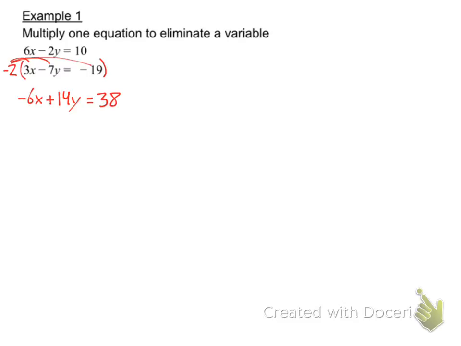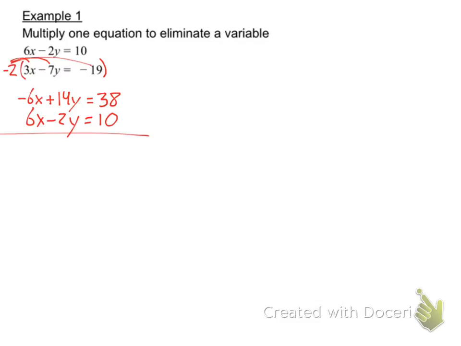Is everybody able to get that by multiplying the second equation by negative 2? Then I'm going to add that back to the first equation. Let's make it easier and place it underneath. All I'm doing is rewriting that equation underneath so I can add them together.